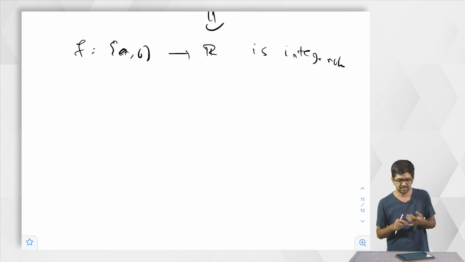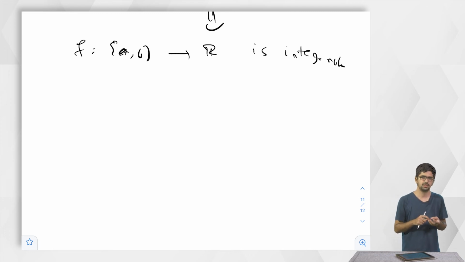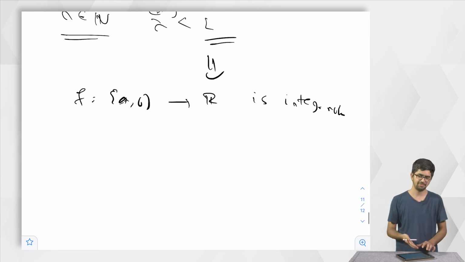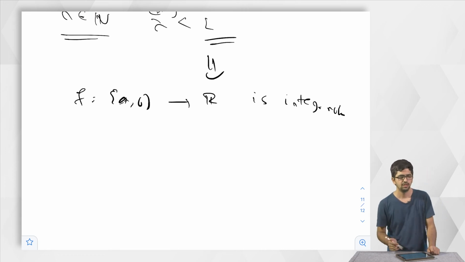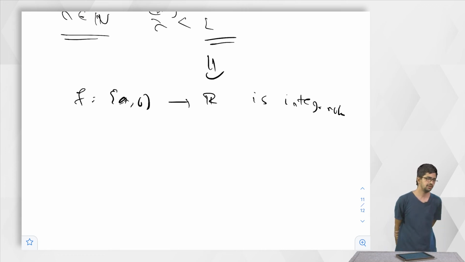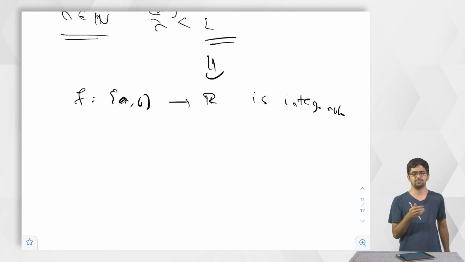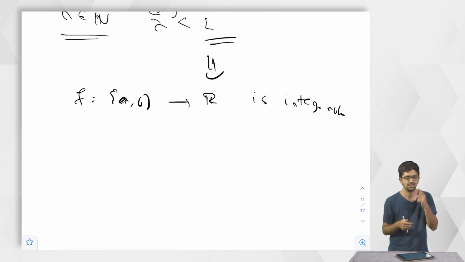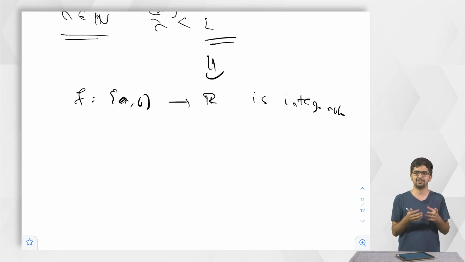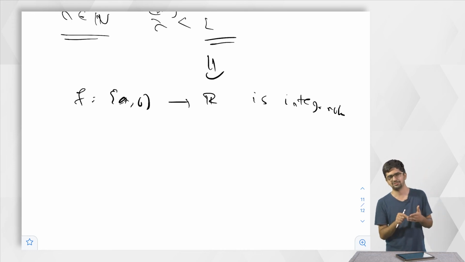Now what we have seen is, we know what an integrable function is, then we have seen that the product of two integrable functions is integrable, we spent so much time on it, and then we have seen that the identity function is integrable. Then observe the following. In the beginning of the course we spent some time on some special kinds of functions. What are those? Continuous functions, monotone functions, and all that.